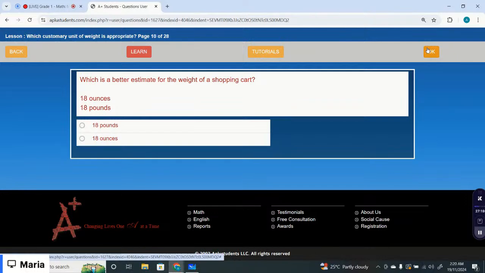Which is a better estimate for the weight of a shopping cart? 18 ounces, 18 pounds.